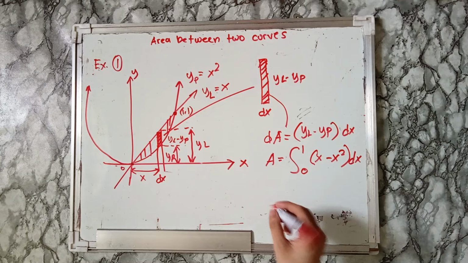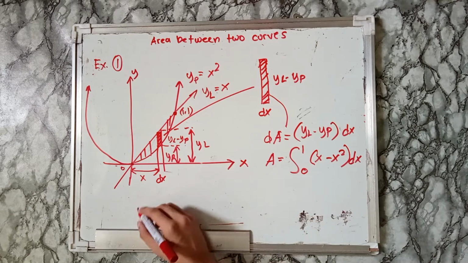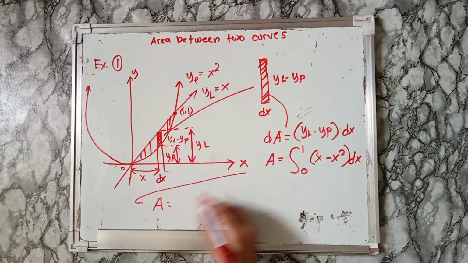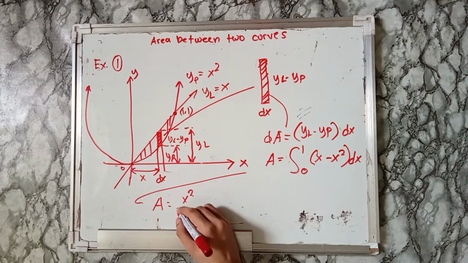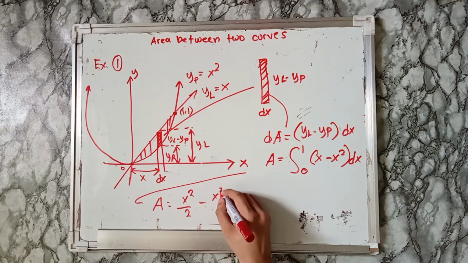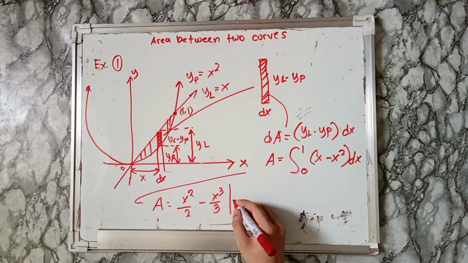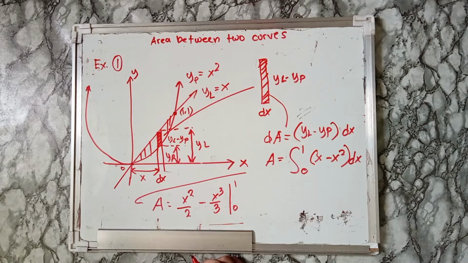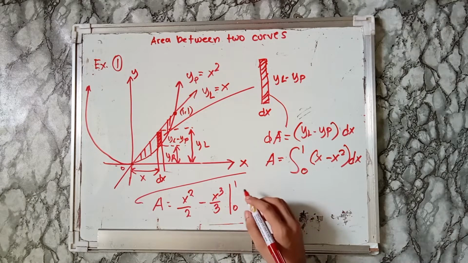Now if we integrate, we have area is x squared over 2 minus x cubed over 3 with limits from 0 to 1. Now let's distribute the limits.